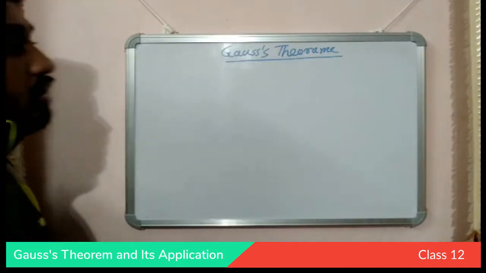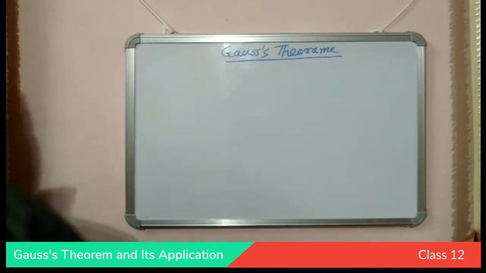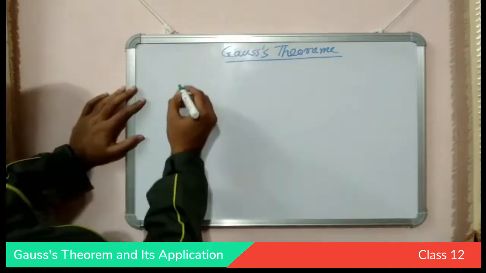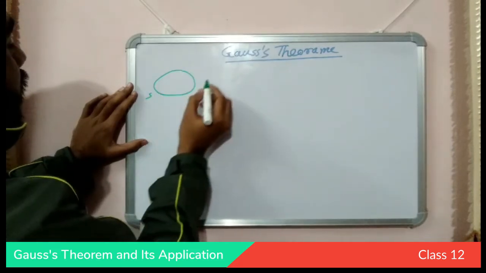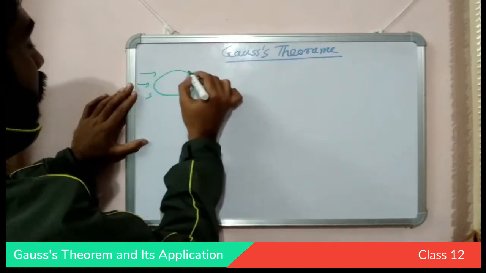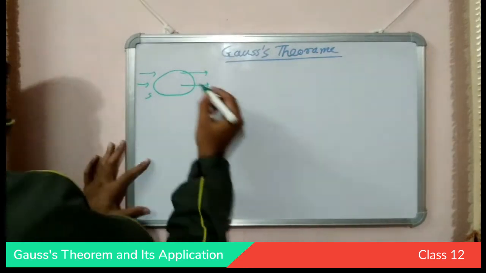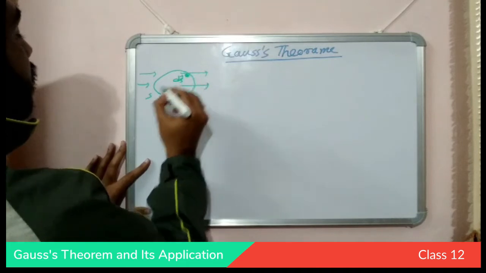So according to Gauss's theorem, we will define the theorem now. Okay, so what is the theorem? Whenever there is a closed surface S and there is electric field going inside and also outside, and we will consider a small amount of area ds.